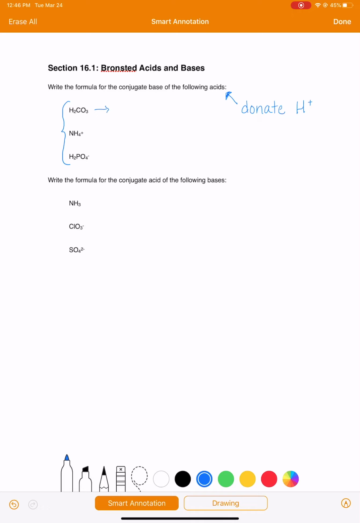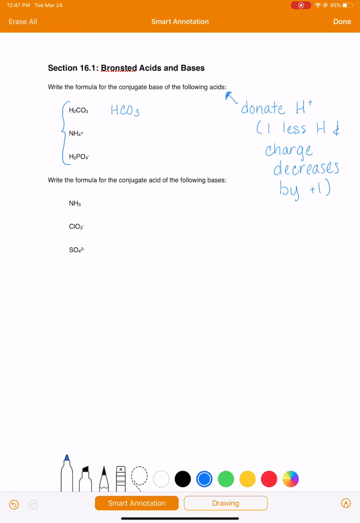So for H2CO3, I don't want to write an arrow there because that makes it seem like it's a reaction. For H2CO3, the conjugate base of that molecule will have one less hydrogen. So instead of H2CO3, it's just going to be HCO3, and it's also going to have the charge decreased by +1.